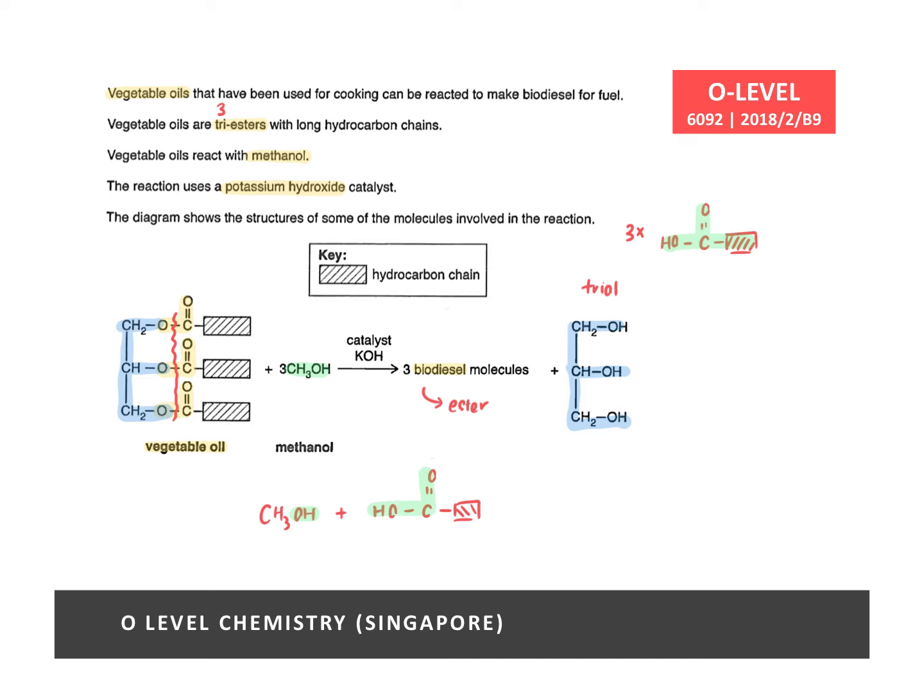And then how do we go on to get the ester? It is as follows. We need to remove the OH from your acid, and we need to remove the H from your alcohol, and then we combine the 2 remaining fragments together. So this is the structure of the resulting ester. This is also the structure of your biodiesel.